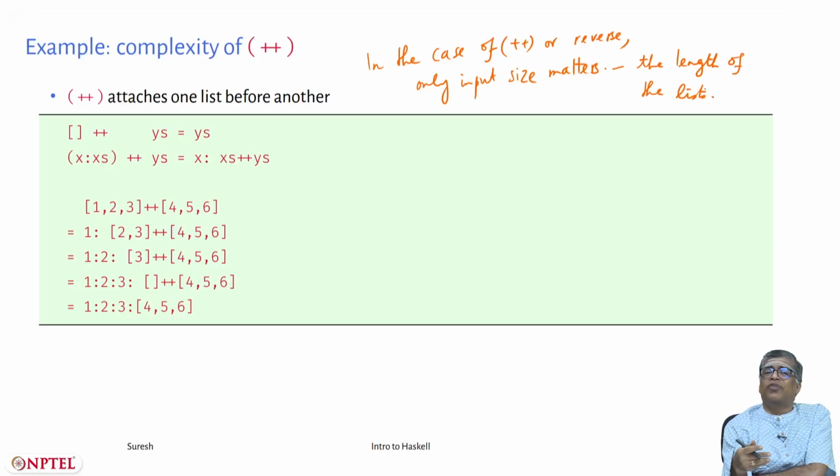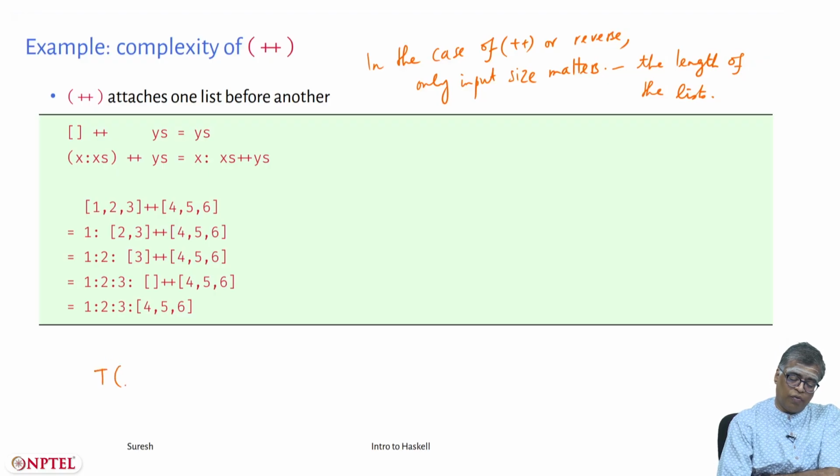Because these are polymorphic functions that do not even look into the list. It doesn't matter what type the elements of the lists are. Okay, so here it's fine. So we would say that T of, yeah, let's try to figure that out.